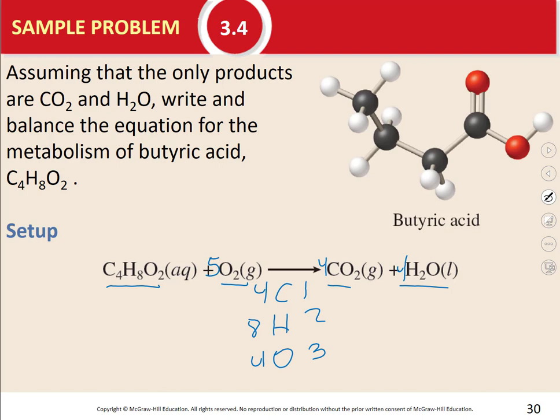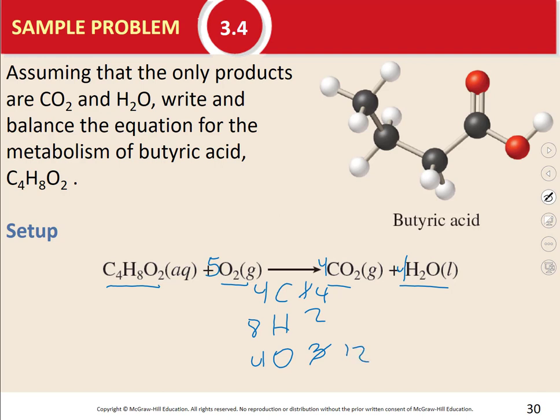Let's go ahead and update these numbers down here. So carbon, when I put a 4 in front of carbon dioxide, that became 4 carbons, and it changed my oxygen into 4 times 2 and 4 times 0, so 8 plus 4 is how many? 12, right? 4 times 2 is 8, plus 4 is 12.